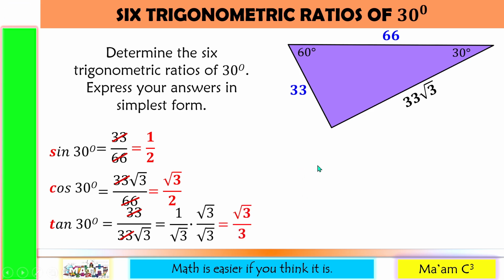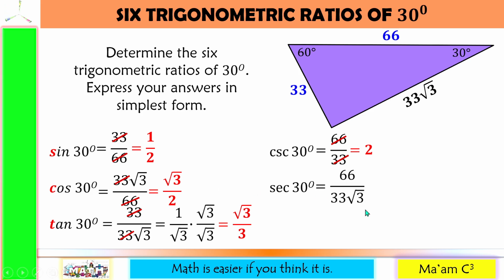Let us continue. Cosecant 30 degrees is the reciprocal of sine 30 degrees. 66 over 33. And that is equal to 2. Next one, secant 30 degrees, reciprocal of cosine 30 degrees. 66 over 33 square root of 3. 66 and 33 is equal to 2, so we have 2 over square root of 3.